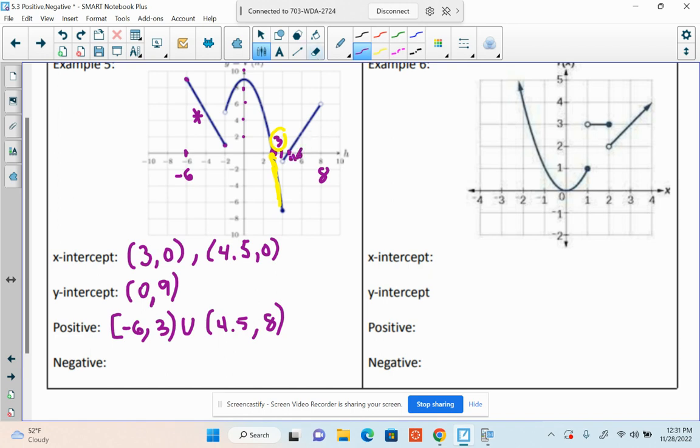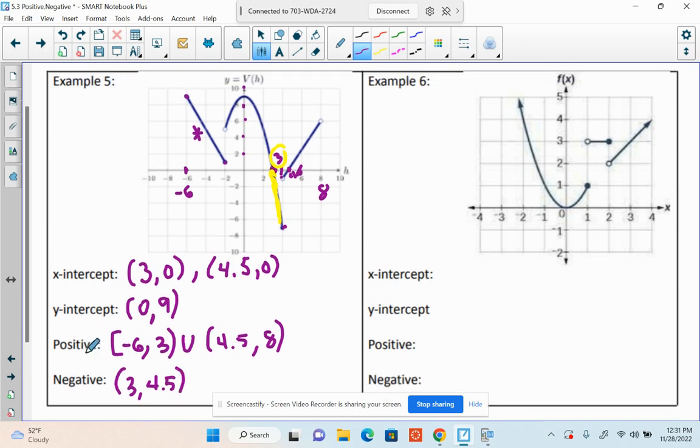All right. So from 3 to 4.5. And this little break that we have here at x equals 4, not a big deal because at x equals 4, we're in the negatives. Jump up there, we're still in the negatives until we get to 4.5. So a little more complicated, but not bad.